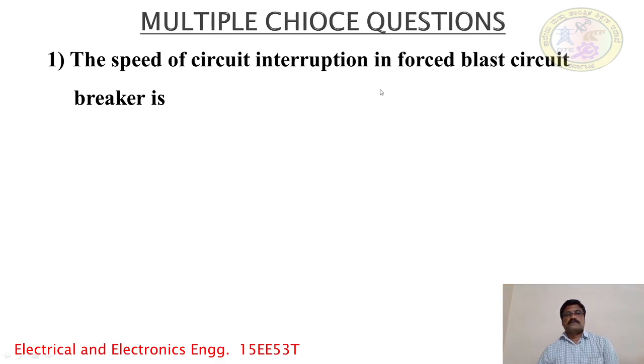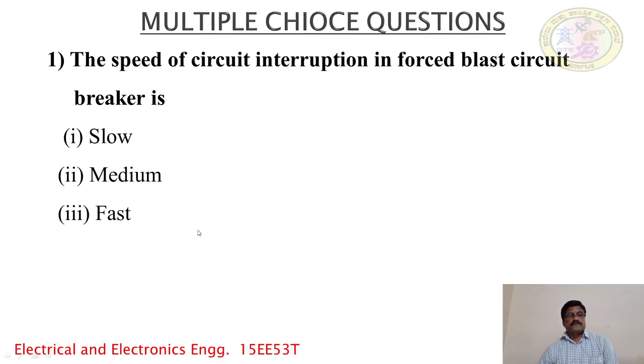The speed of the circuit breaker in a forced blast circuit breaker is: slow, medium, fast, none of the above. So if you observe the above answers, it is suitable as any one. So the speed of the circuit breaker is slow in the forced blast circuit breaker for arc interruption media, or fast. So definitely if you think, the answer is fast.